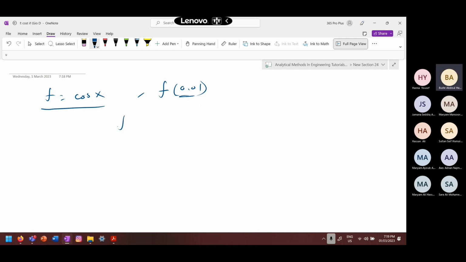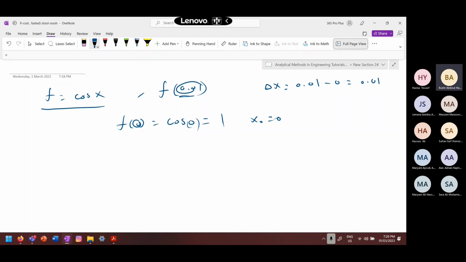Personally, I find f of 0 is famous because cosine 0 is equal to 1, correct? Okay, so using this value and this value, you can find what's called delta x. So it's 0.01 minus 0. It's the same, 0.01. That's your delta x. Okay, and the value 0 is called your x naught. It's equal to 0.